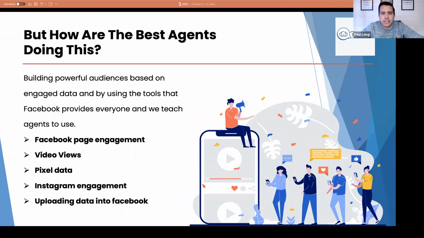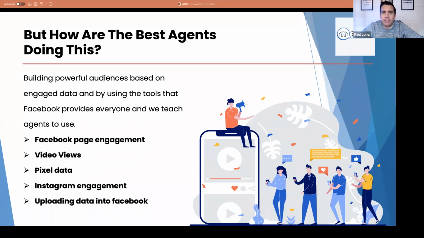And one which gets missed all the time, which is a really powerful one for anyone looking for landlords and investors, uploading data into Facebook. What do I mean by that? Well, we're talking about uploading email addresses of landlords and investors that perhaps you've dealt with or you used to deal with or you're dealing with, and Facebook will find them on Facebook and then you can put content back to them.